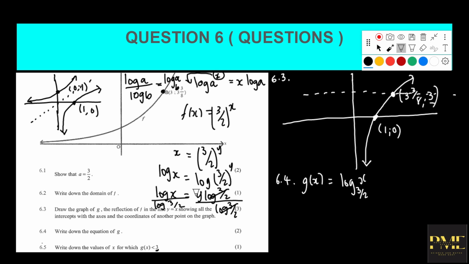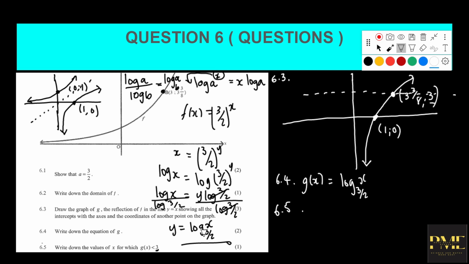So in this case you can therefore take this 3 over 2 and make it the base. So y ends up being equal to log x base 3 over 2, guys. So this is the inverse of the exponential function, a log function, and this is how it's actually done. Okay, so now we're going to move on to 6.5, all right, the last question.